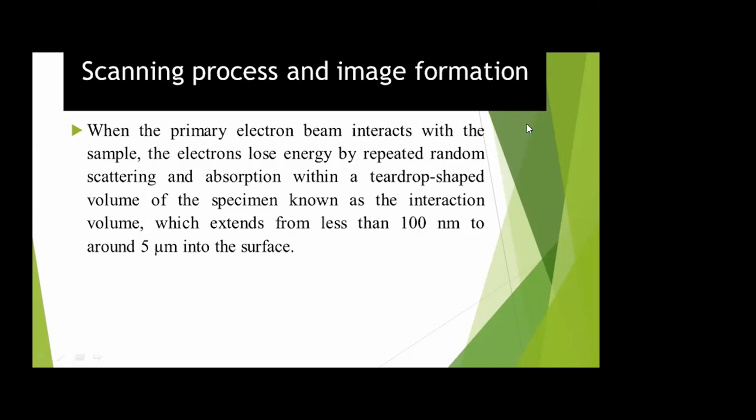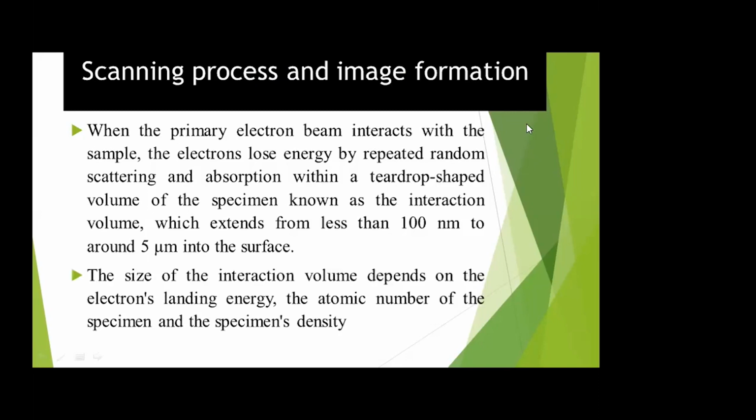This teardrop shaped volume of the specimen with which the electron beam interacts is called the interaction volume, and this volume may extend from 100 nanometer to a maximum of 5 microns into the surface. The size of the interaction volume depends on various factors, like the electrons' landing energy, the atomic number of the specimen, the specimen's density, etc.